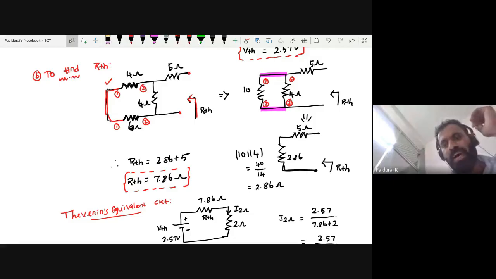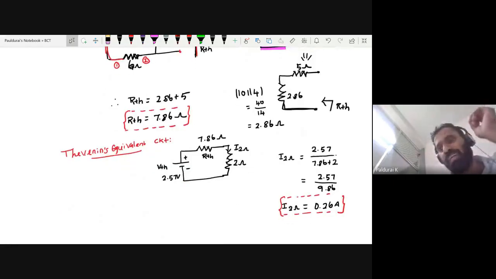Okay, suppose you find Norton's theorem for the same circuit, what will you get? Any idea? Norton equivalent. From Thevenin, actually it is easy to calculate Norton. How will you calculate Norton's theorem from Thevenin? Anyone? Any genius people? Just think, nothing wrong.